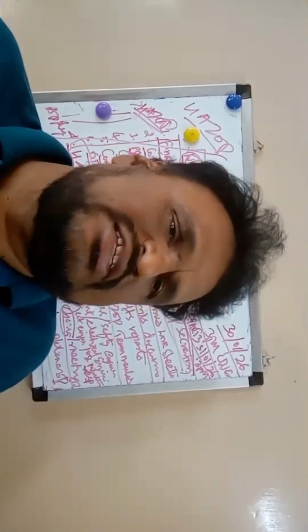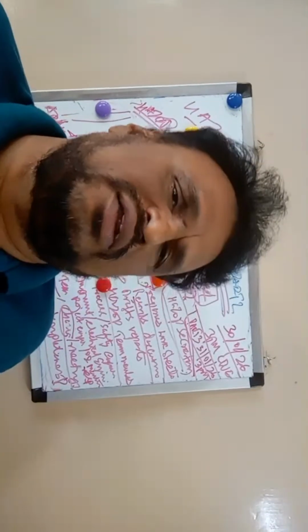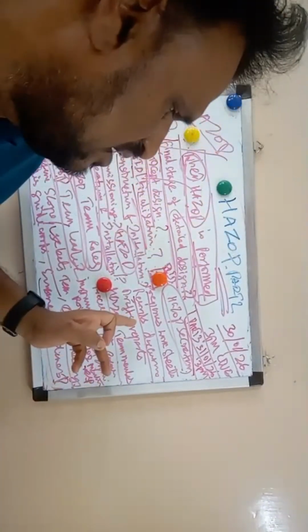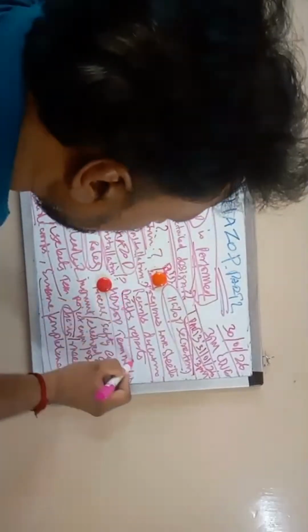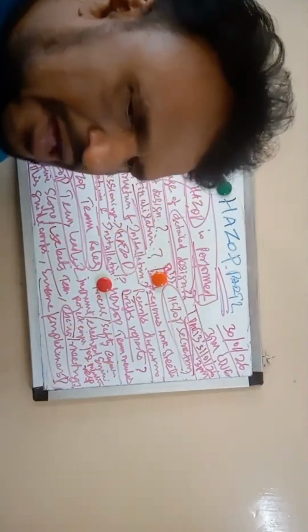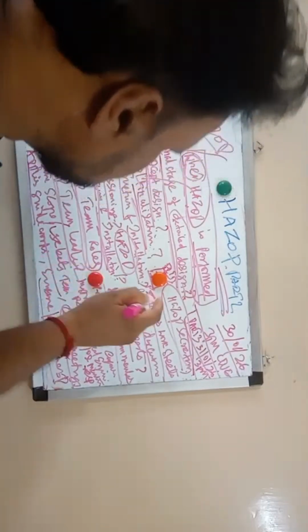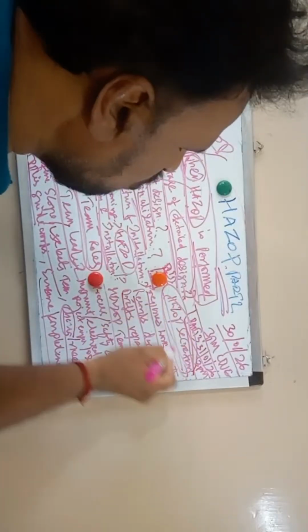In the minutes of meeting, recording is very important. So the secretary records the discussions and drafts a report. Whatever reports there are for HAZOP, he has to draft them. So this is the HAZOP secretary's work.